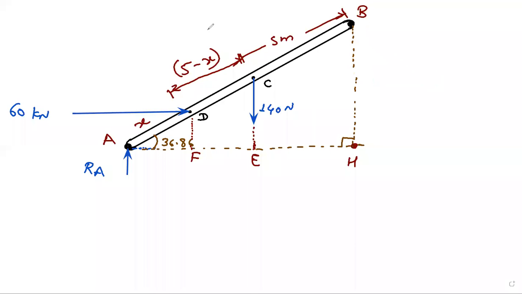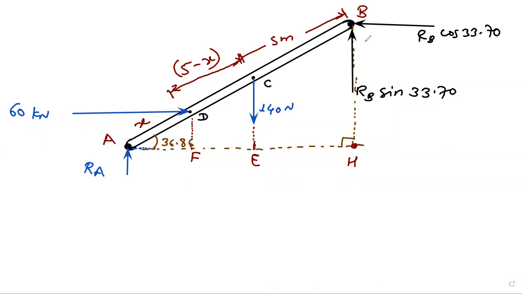What is 90 minus alpha is equal to how much? Yes, 90 minus alpha, 33.7. RB sin 33.7, RB cos 33.7.